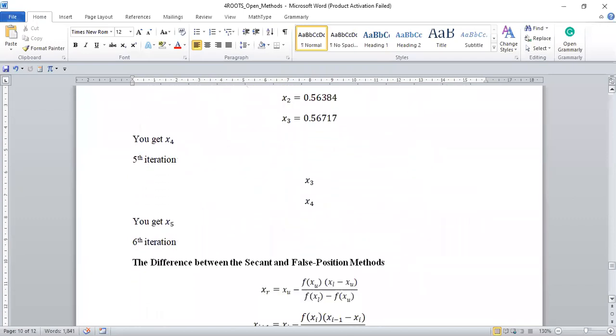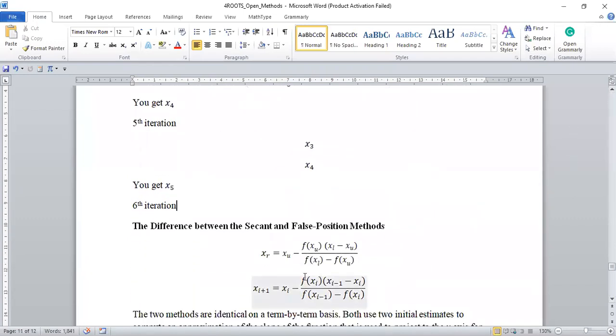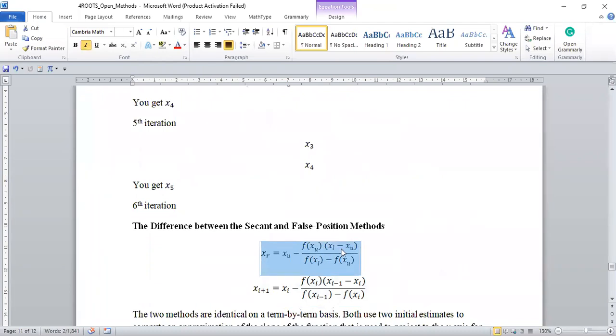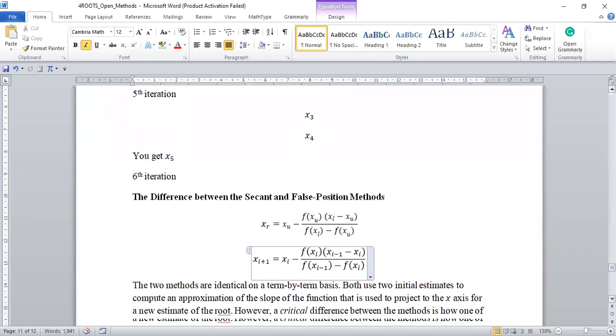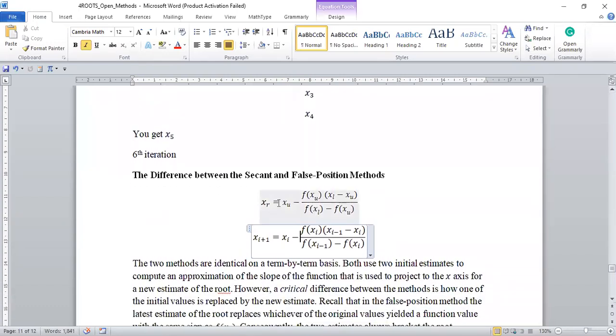This is the second method that we are considering now, and this is the false position method. We did the false position method last week. If you look at it, it looks very, very similar. This is the estimated root, this is the next value of the root.